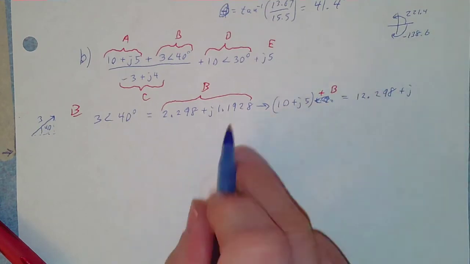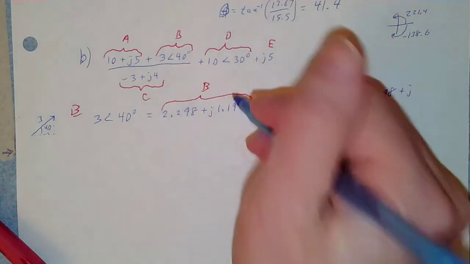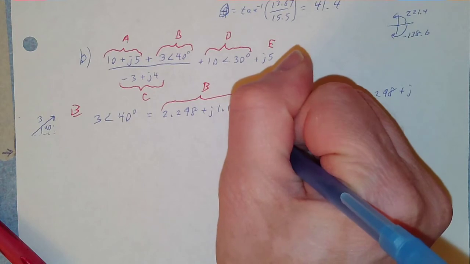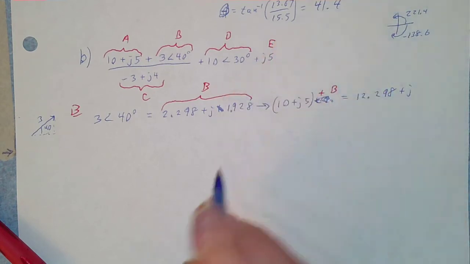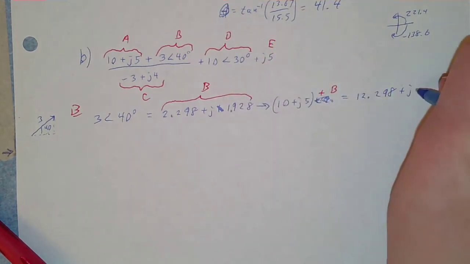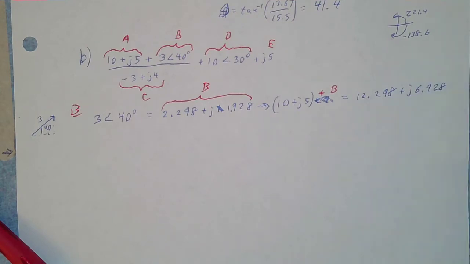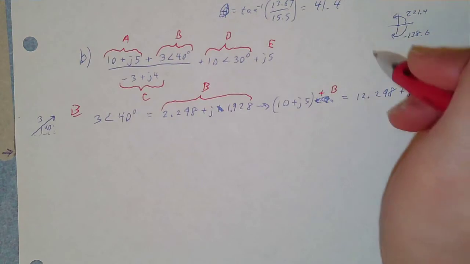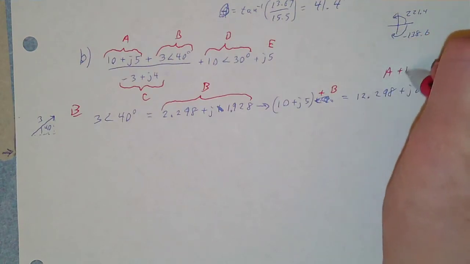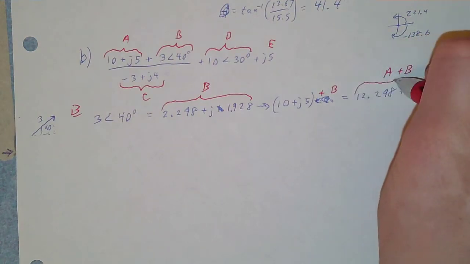Oops, did I mess up? This is supposed to be 1.928, not 1.1. This is 1.928. So this is 6.928. So this over here is A plus B. This is the top part.